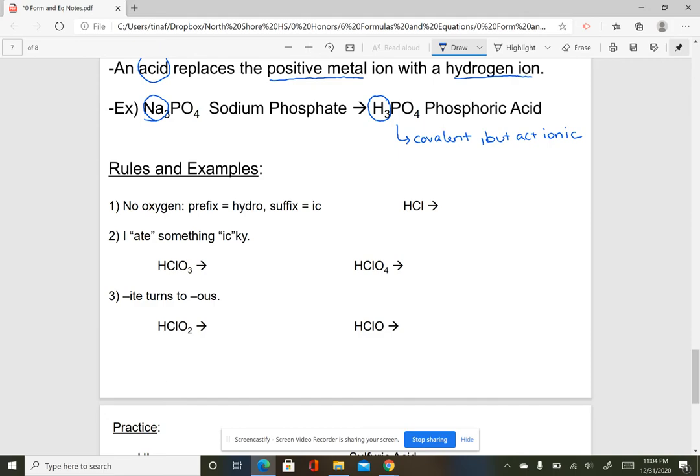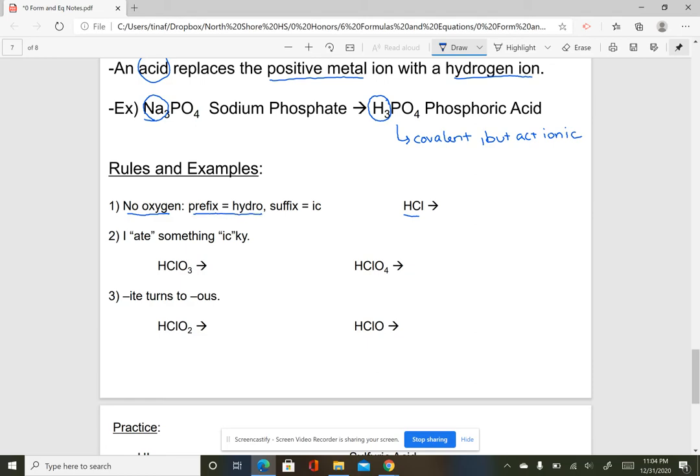If there's no oxygen in the acid, so see how HCl has no oxygen? You know it's an acid if it starts with H. Okay, I'm going to say the only exception is water. Water is not an acid, and we all know that. So otherwise, if there's an H in front, you can safely assume it's an acid. So if there's no oxygen, the prefix has to be hydro.